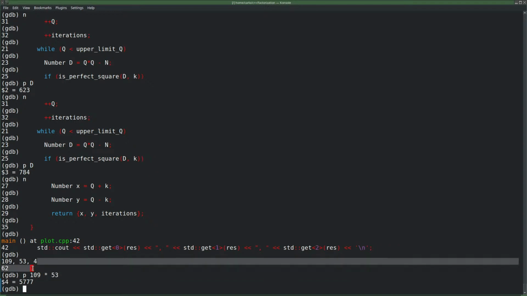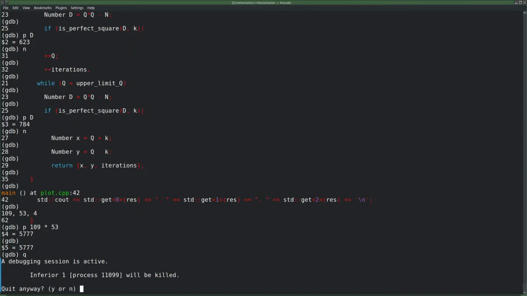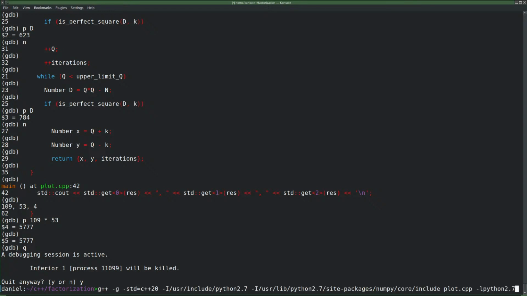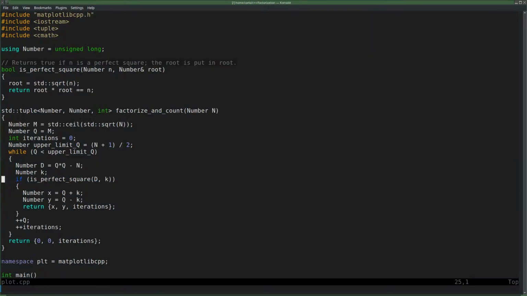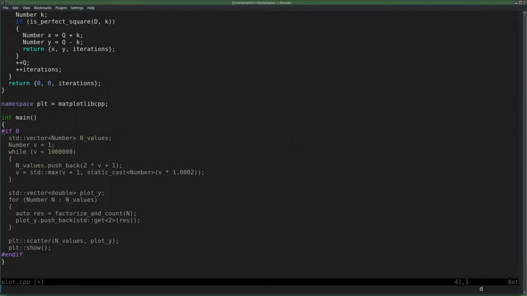So after 4 iterations, we found the factorization of 5777. Oops, quit. And with that fixed, go back to this one.